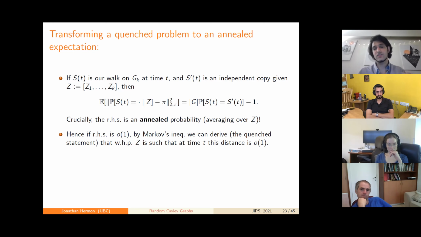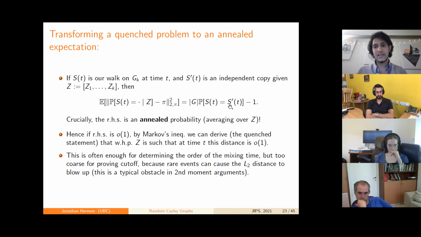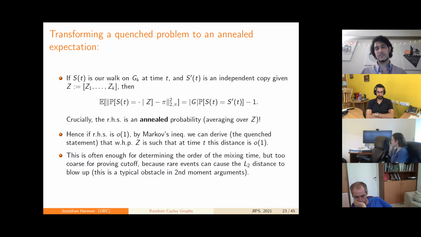Usually that feels suspicious. And the reason there's not really a moral contradiction is that the time t for which the quantity on the right-hand side is small is not really the mixing time. Usually it's of a larger order than the mixing time. This essentially is because L2 distances can blow up due to rare events.